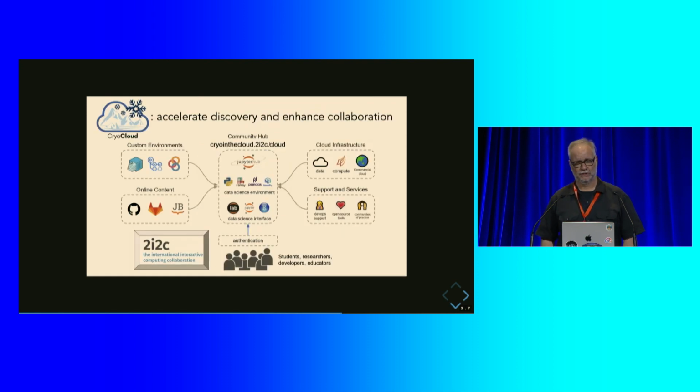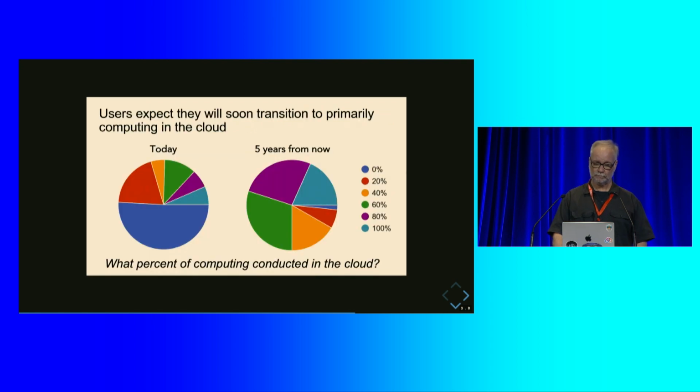And we have some structure that is quite familiar to people in the Jupyter ecosystem, where we are relying on commercial cloud infrastructure, the very flexible JupyterHub for delivering interfaces for interacting with that data through an authentication layer, and some support services.